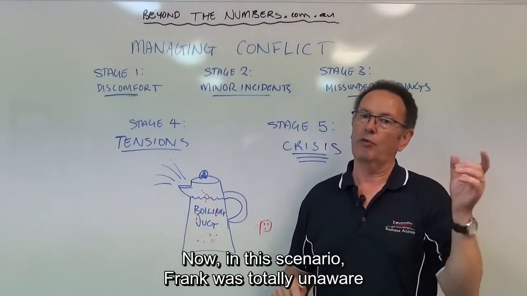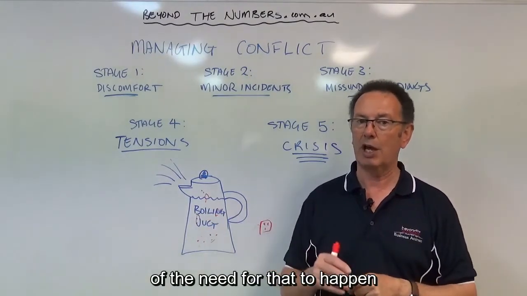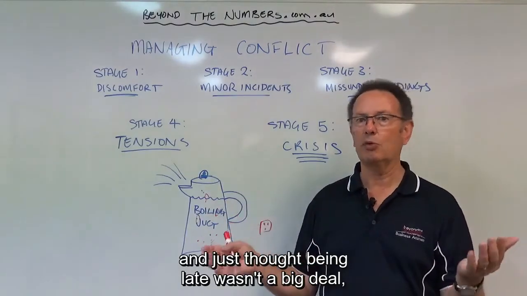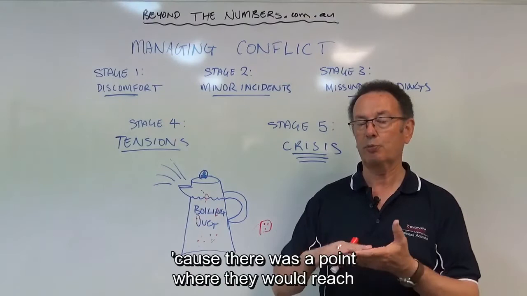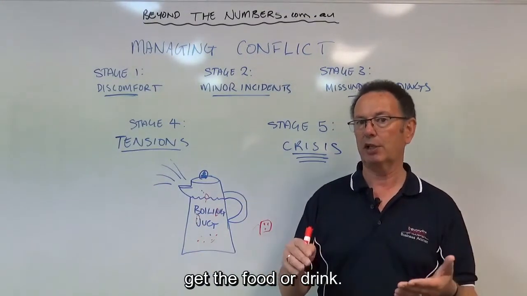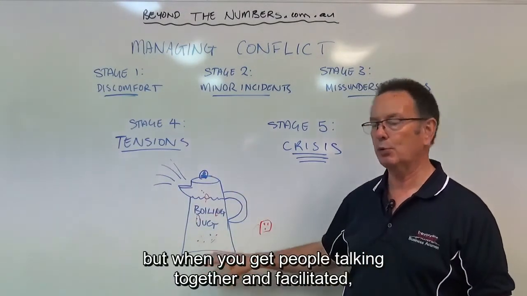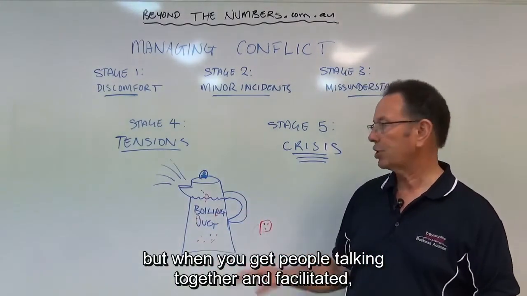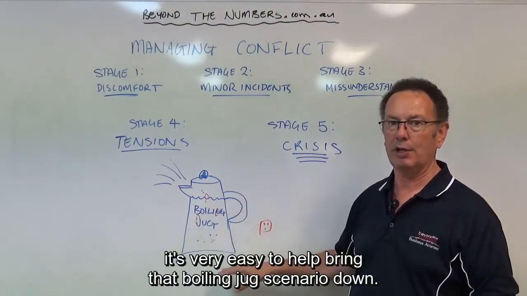Now in this scenario, Frank was totally unaware of the need for that and just thought being late wasn't a big deal. But you can see how it was a big deal to that person, because there was a point where they would reach and get agitated because they couldn't then get the food or drink. So there are normally a lot of things, but when you get people talking together and it's facilitated, it's very easy to help bring that boiling jug scenario down.